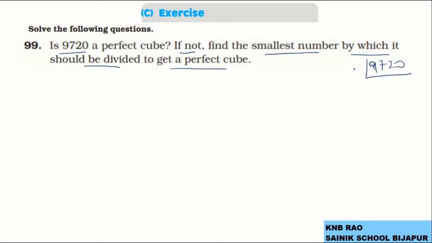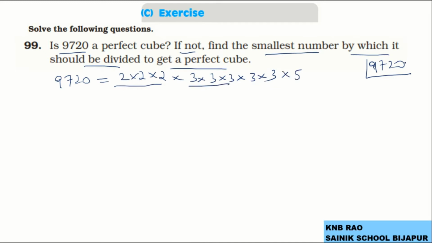So when you do prime factorization of 9720, you will have 2 multiplied by itself 3 times, 3 multiplied by itself totally 5 times, and 5. So doing this prime factorization is a very important skill which you have already learnt.